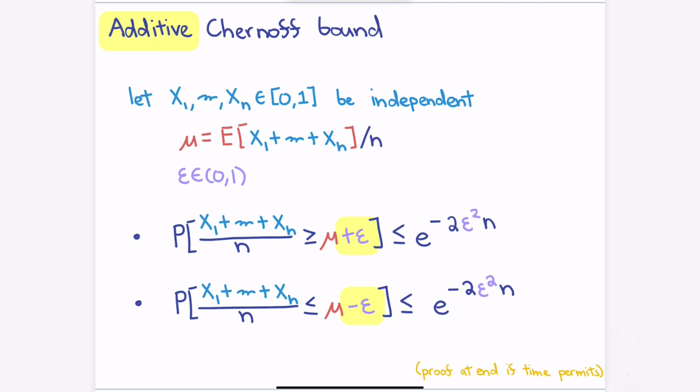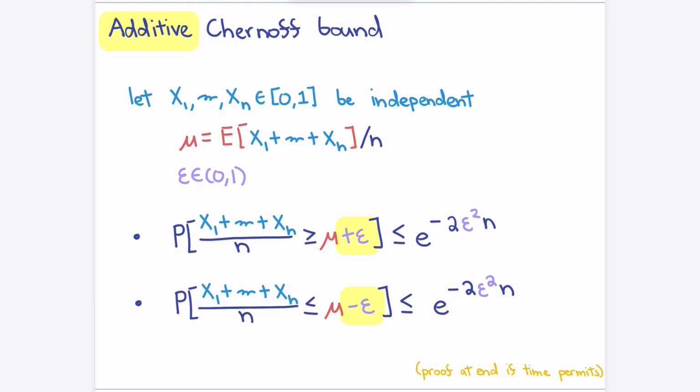So additive is a little bit different because we're going to be looking at plus epsilon, minus epsilon kind of thing. But the form is kind of similar. So here I'm taking the average of n 0, 1 random variables. They could also have been between -1 and 1. That wouldn't really be very different.